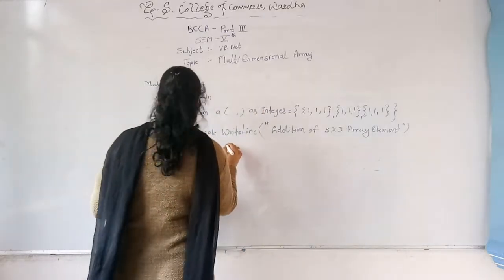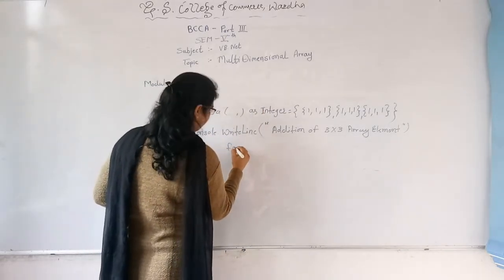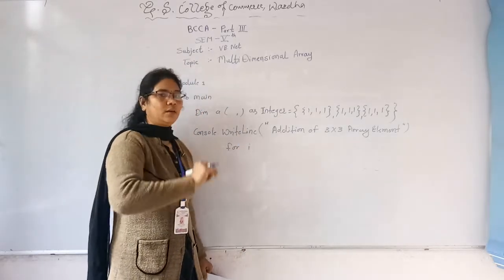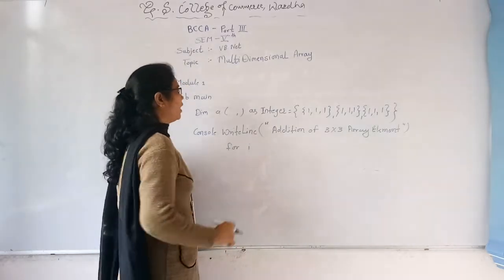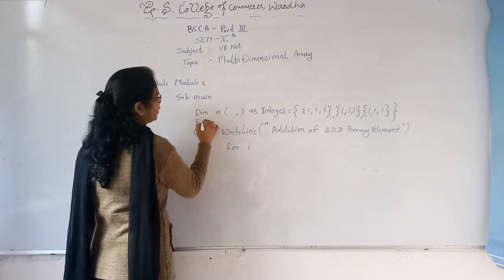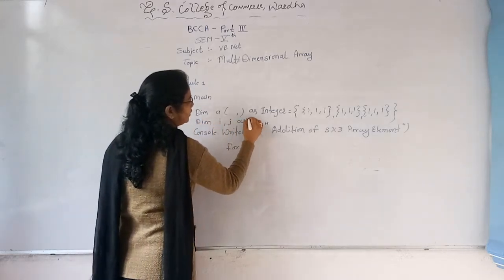Then we have to use For i. Here one error occurred. Which is the error? It is nothing but undefined symbol i. So we have to define the i here. Dim i, j as integer.